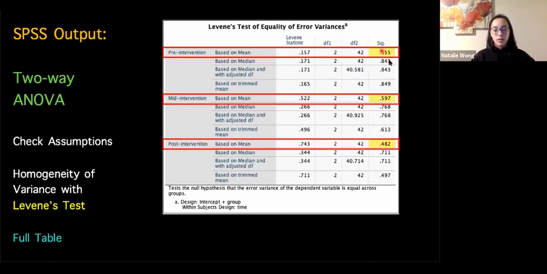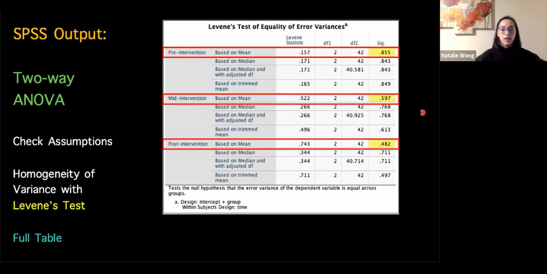What this would be interpreted as then is that we're looking at if the variances between the levels of our between subject independent variable, are those variances equal or not when we look at those levels within each of the levels of our within subject variable.